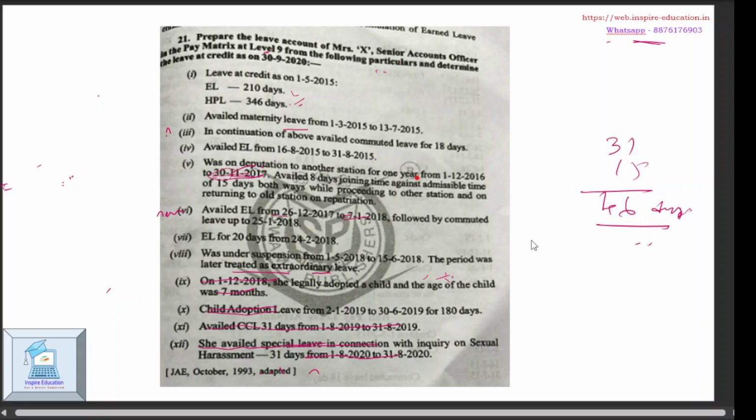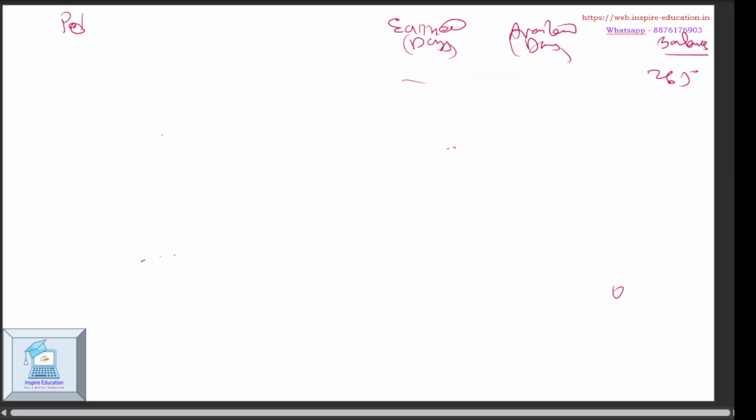So let us go to the problem. Okay, so on 1/7/2018, 15 days credit generally we have to give, but we have to deduct 1/10 of 46 days, so it is 4.6 days.